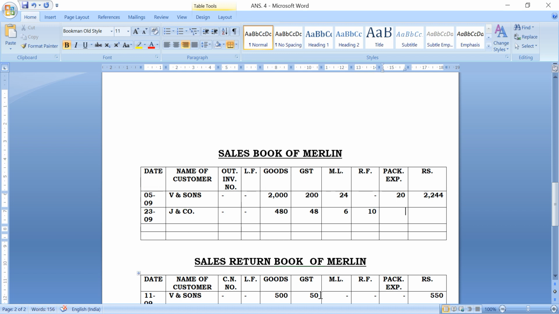Packing charges નથી આપેલા, dash. હવે તમારે આ ચારેયનો ટોટલ કરવાનો છે 480 plus 48 plus 6 plus 10, and the total arrives at 544. That's the total, transaction of 23rd of September settled.